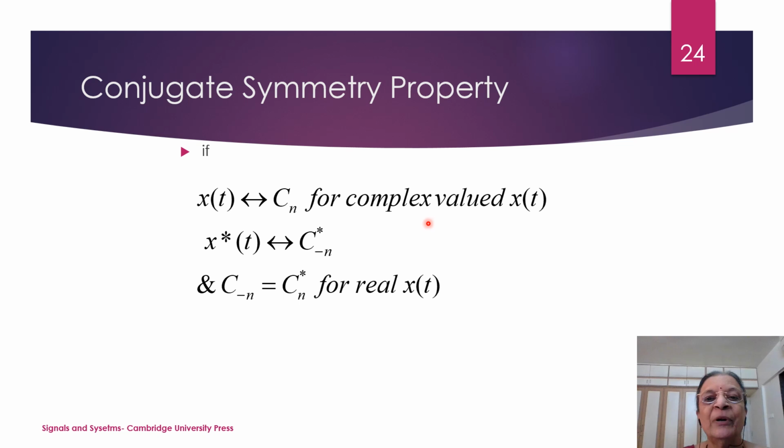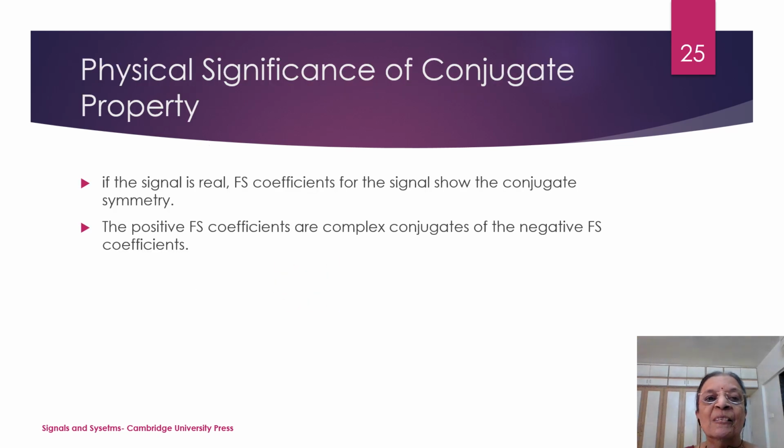Conjugate symmetry property. If x of t transforms to Cn for complex valued x(t), of course we are considering x star(t) to be the complex conjugate of x, then the corresponding Fourier series will be C star minus n. C of minus n is equal to Cn star. For real signals we will not write the star, because the complex conjugate will be the same in that case.